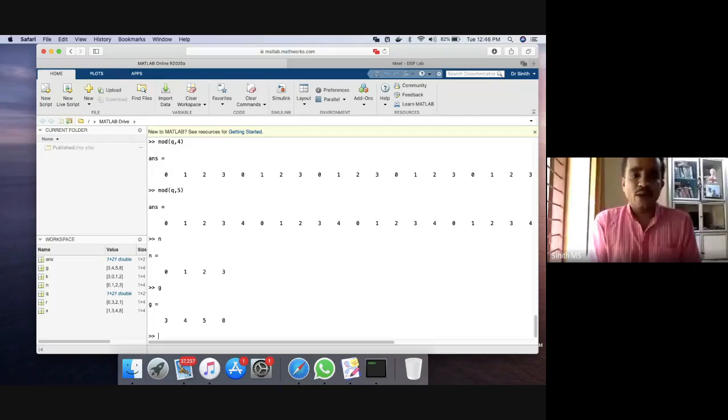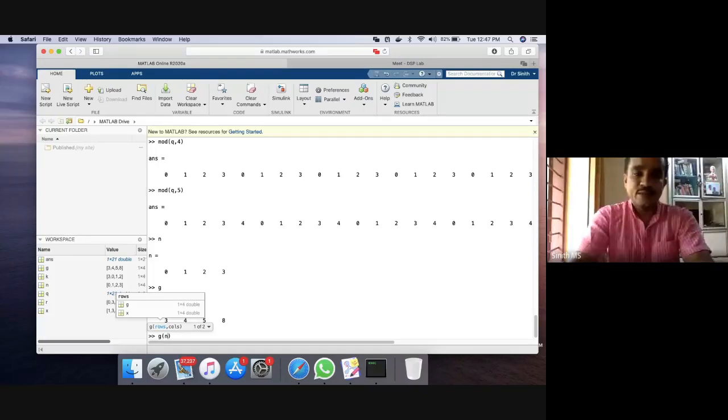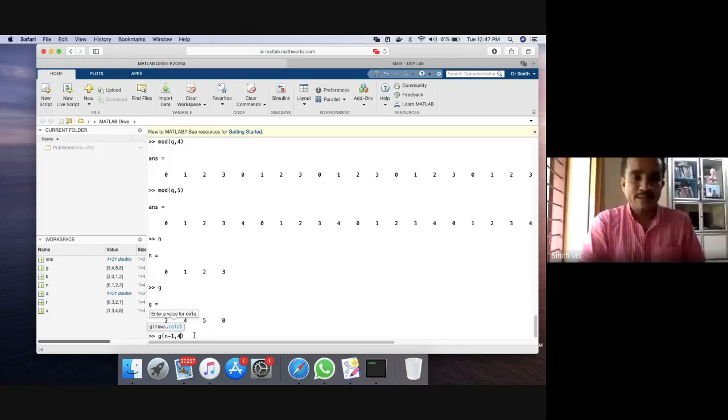To make a circular shift of 1 to the right, you give g of n minus 1 comma 4. This 4 means you are taking mod 4. So let us see what this is.